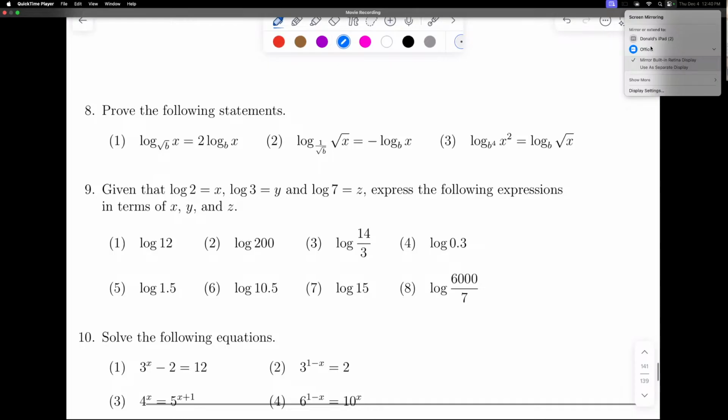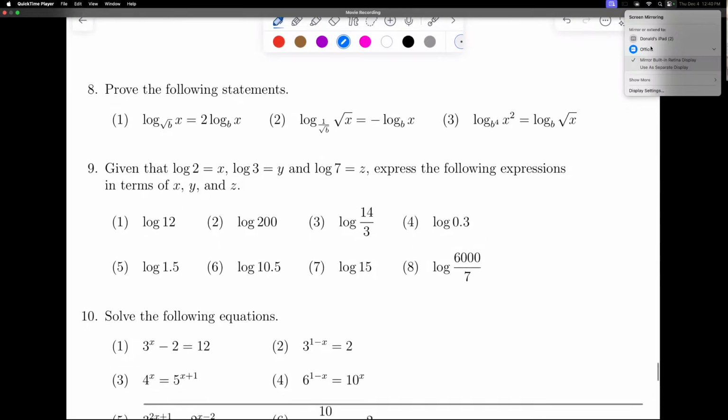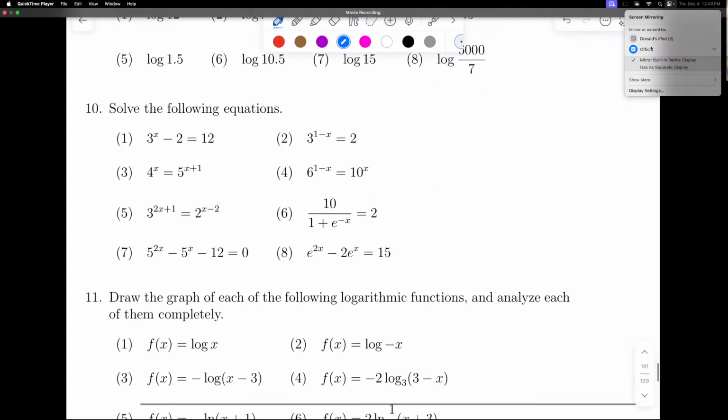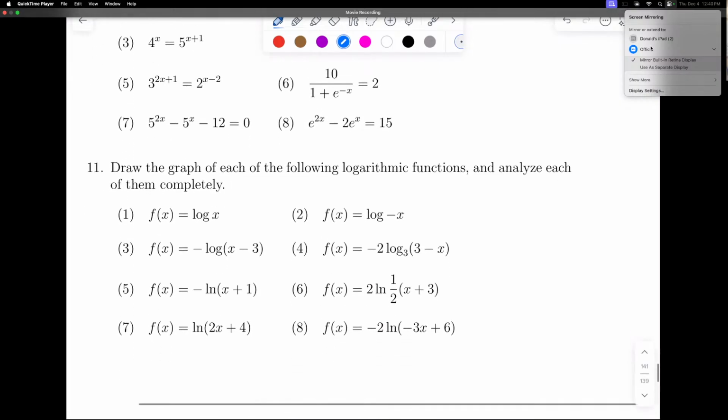So number 8, I'm not gonna put on the test. Number 9 is tricky questions. It tests if you learned how to think. Number 10, you will see on the AP exam and on my test. Graphing logarithm functions, not a particularly difficult one. For example, 11-8, those are not on the test.